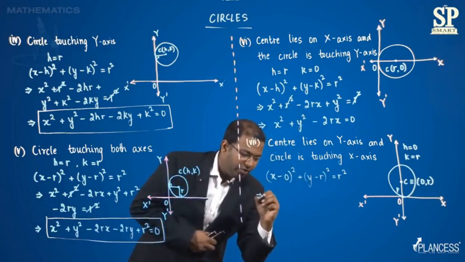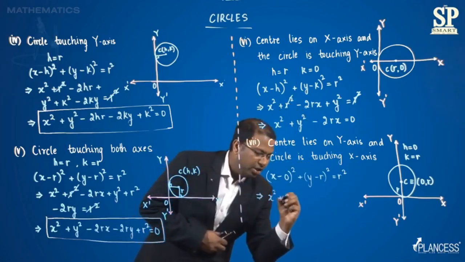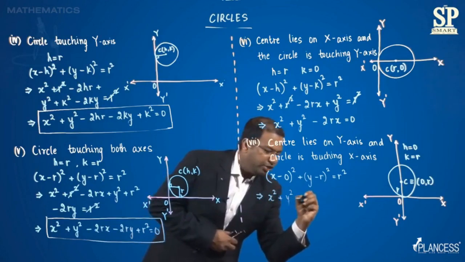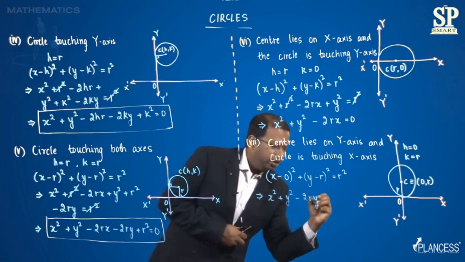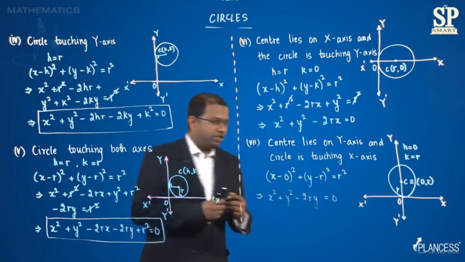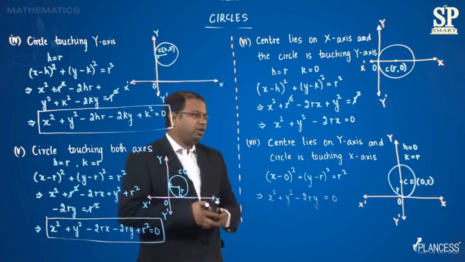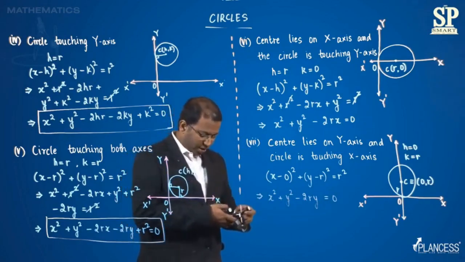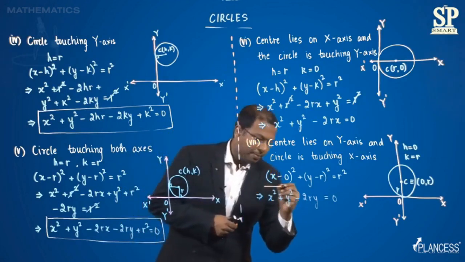Now here we get x square plus y square minus 2ry equal to 0. So this is the case when the circle is touching the axis of x.